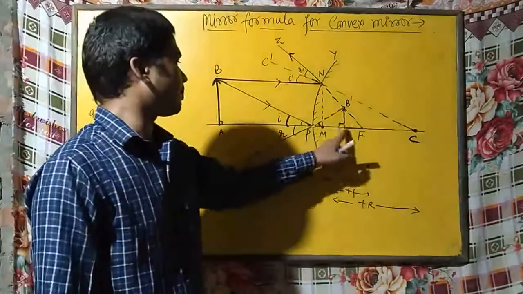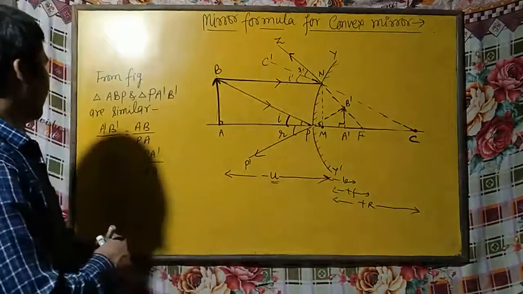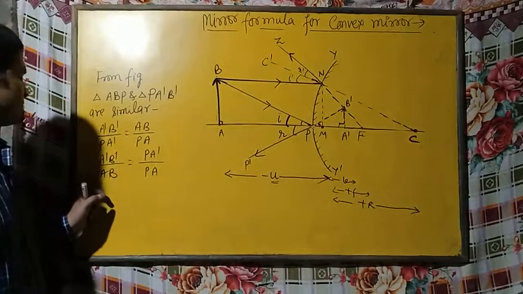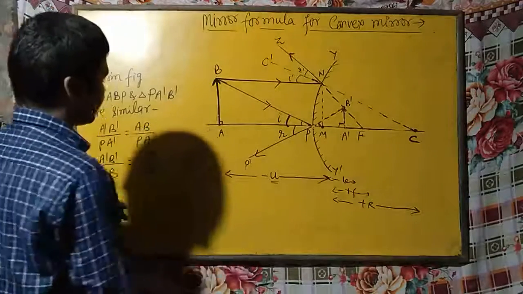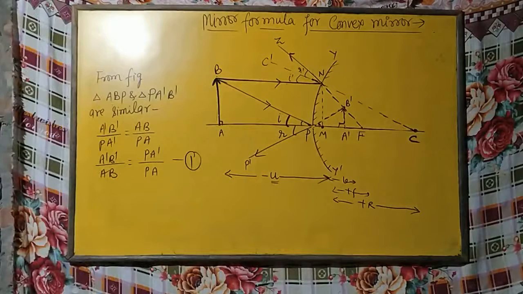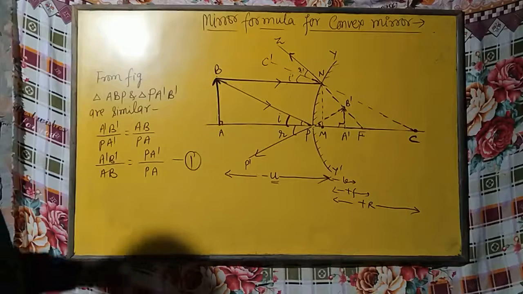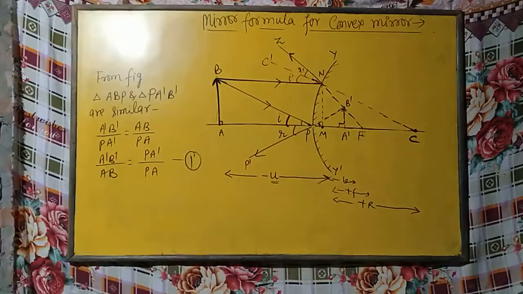You can see this one is plus v, this one is minus u, and A'B' and AB is given here. So equation number 1 is here. Okay. So I hope you understand how this relation is written here. So you should note down this equation number 1 in your copy.